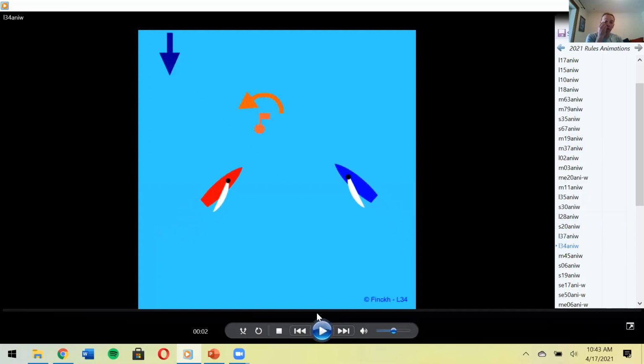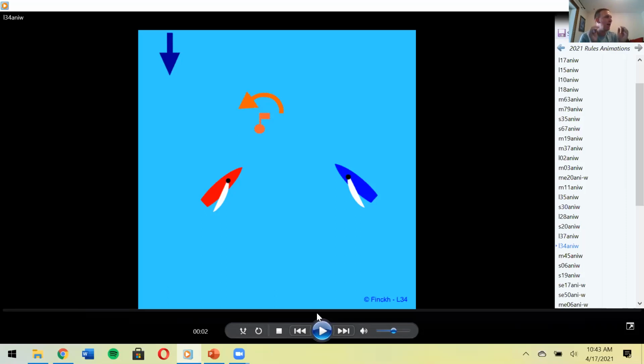Okay, so here, red's on port, blue is on starboard. And the key to this animation, they're in the zone, but mark room only applies when you're overlapped here.